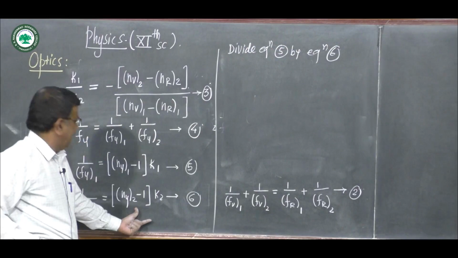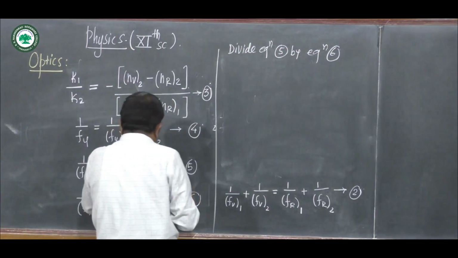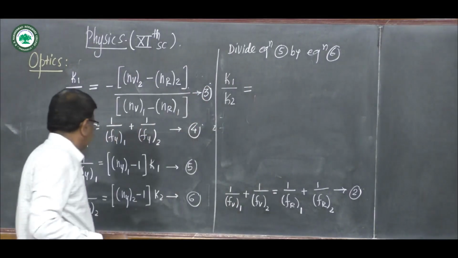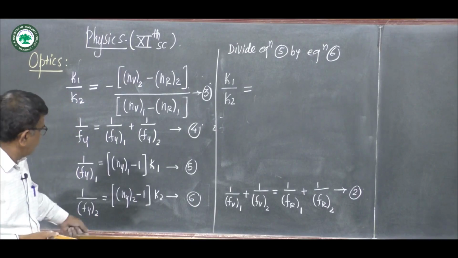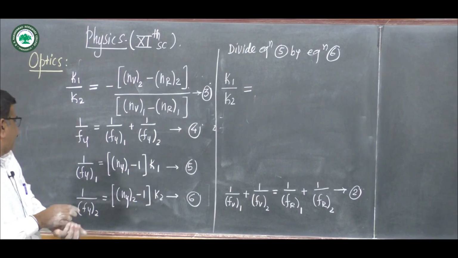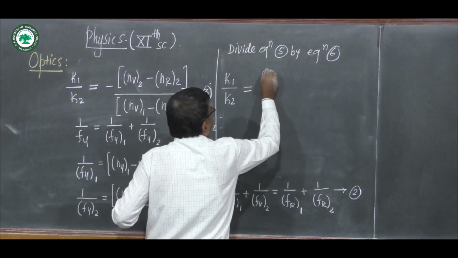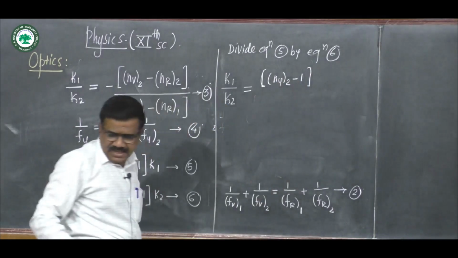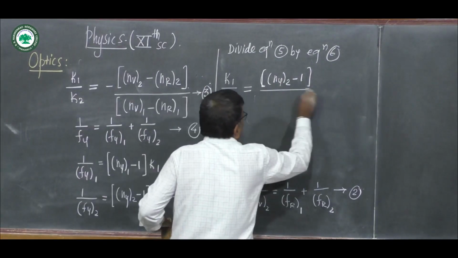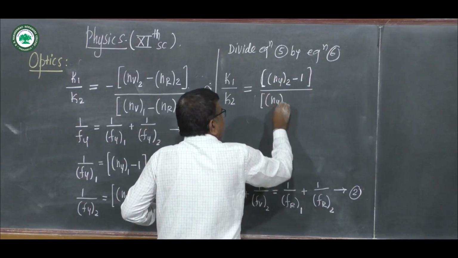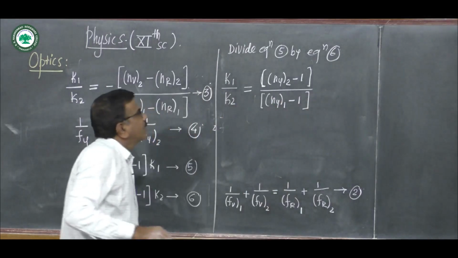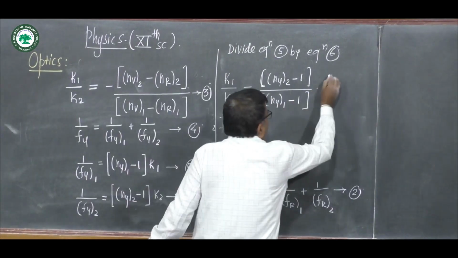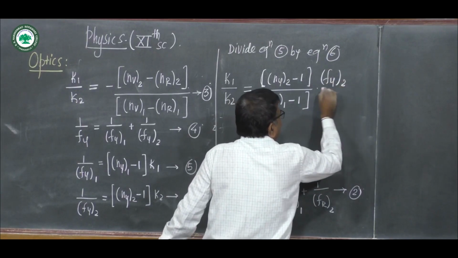Simply dividing by 5 and 6, we get k1 upon k2 is equal to (ny2 minus 1) divided by (ny1 minus 1) into Fy2 upon Fy1.